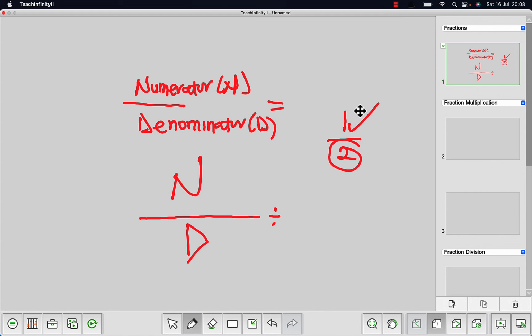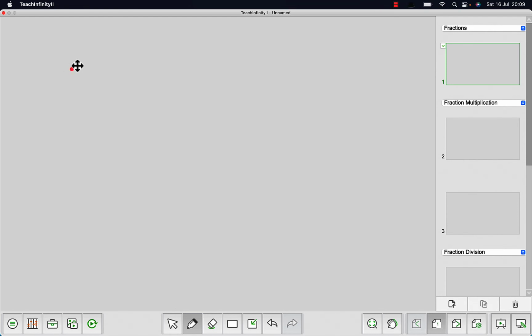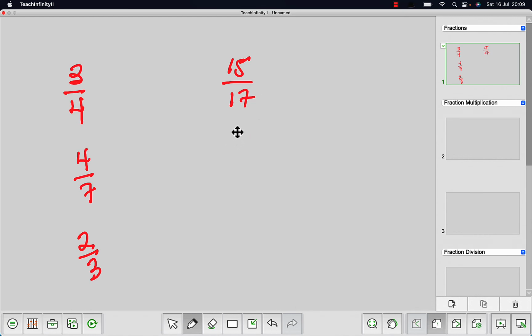This is very important. If I have 3 out of 4, I want you to pause for a second and tell me which part of this is the numerator and which part is the denominator. Let's say 4 of 7, let's say 2 of 3, let's say 15 of 17. Let's talk about 100 of 3.